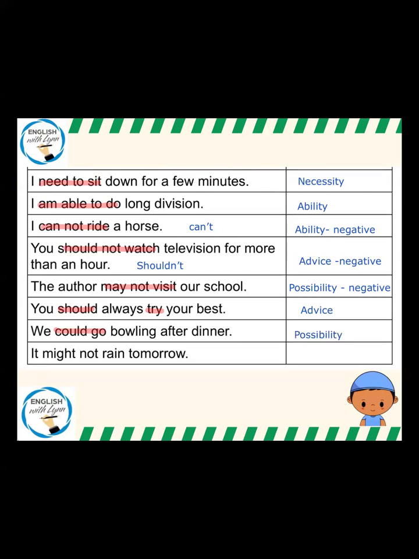And then I think there's very little possibility of this, definitely where I live, but "it might not rain tomorrow." I've got might as my modal verb, not is turning it negative, and rain is the main verb. So what we've got here is the possibility, but as a negative.